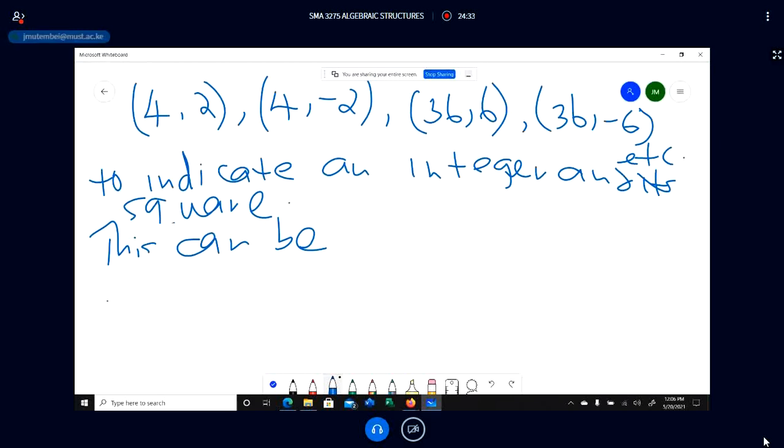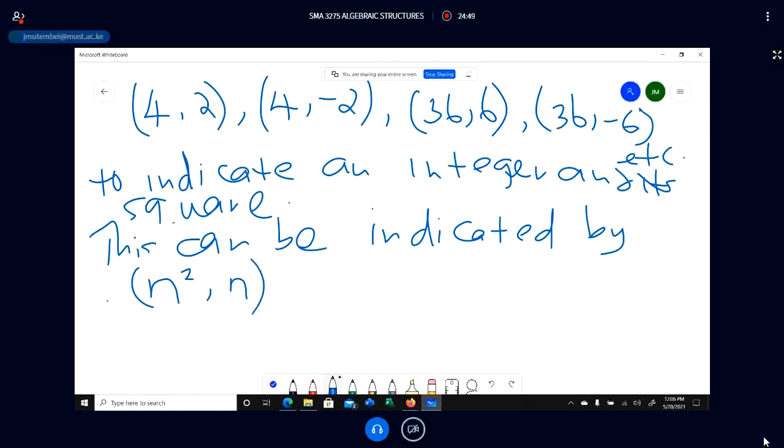In general, it can be indicated by this ordered pair, n squared comma n, so that the first entry in the ordered pair is the square of n, and the second one is n itself, where n is an integer.